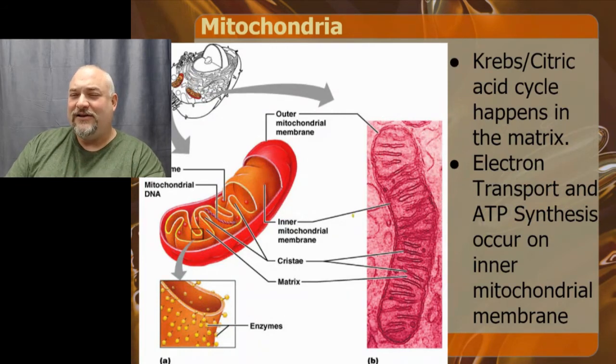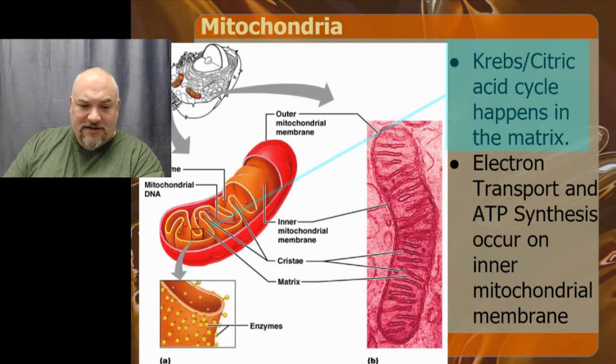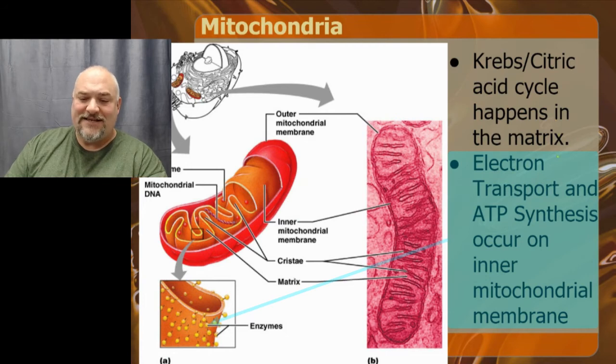So in the matrix, this liquidy stuff in between the cristae, we have the Krebs or the citric acid cycle. The electron transport chain and ATP synthesis occur in the mitochondrial membrane itself, and those are catalyzed by these enzymes we see in the inner membranes. So that's where the extra surface area comes into play.